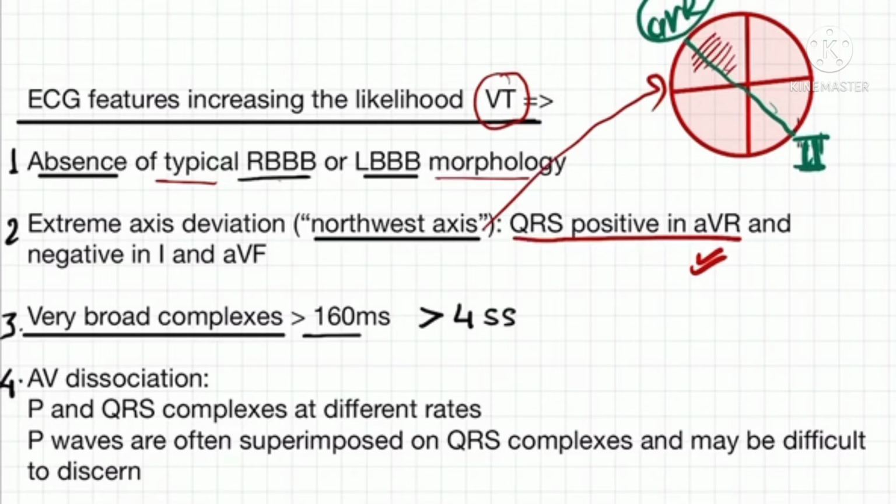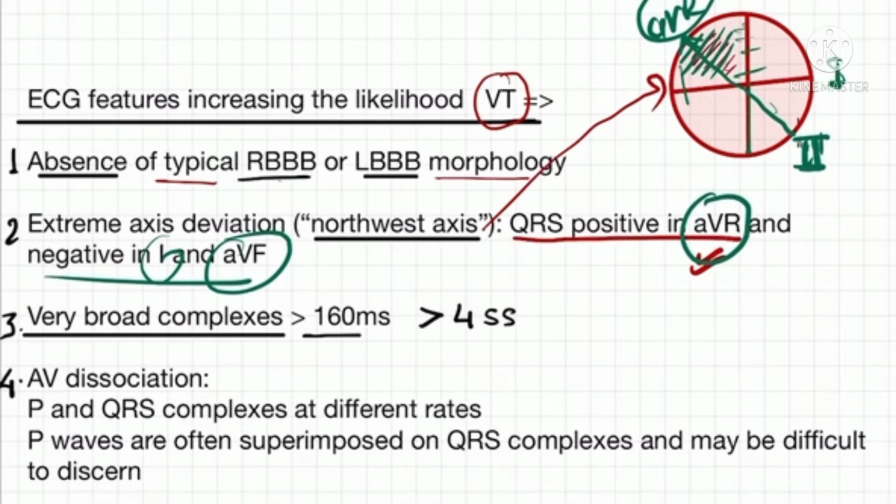That means if aVR is positive, the vector will be there. aVR is positive and lead I and aVF are negative, that means opposite to this one. The opposite of aVF is this, and the opposite of lead I is this. Ultimately the vector will be between 180 and 275 degrees. This is the vector for extreme axis deviation, or northwest deviation, which is more suggestive of VT.